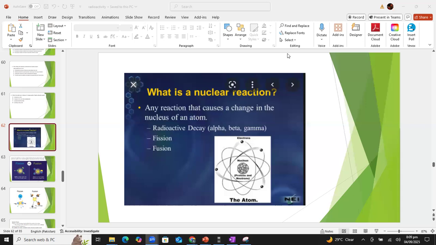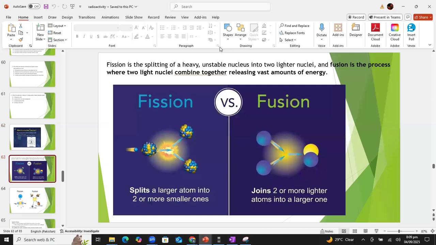So what is a fission reaction? In fission, a heavy unstable nucleus is split into two smaller nuclei by the interaction of one neutron. When one neutron makes contact with a highly unstable nucleus, that nucleus is split into two lighter nuclei.